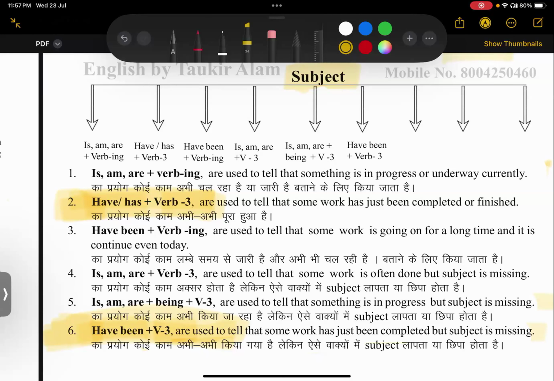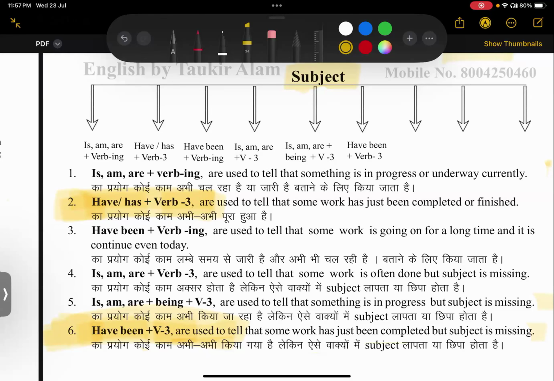When you say I have bought a mobile, and when you say a mobile has been bought. When you say I have bought a mobile, it means you have done something, and for that work you should be appreciated. आपकी तो तारीफ होनी चाहिए कि आपने काम किया है मोबाइल खरीदने का. Great.